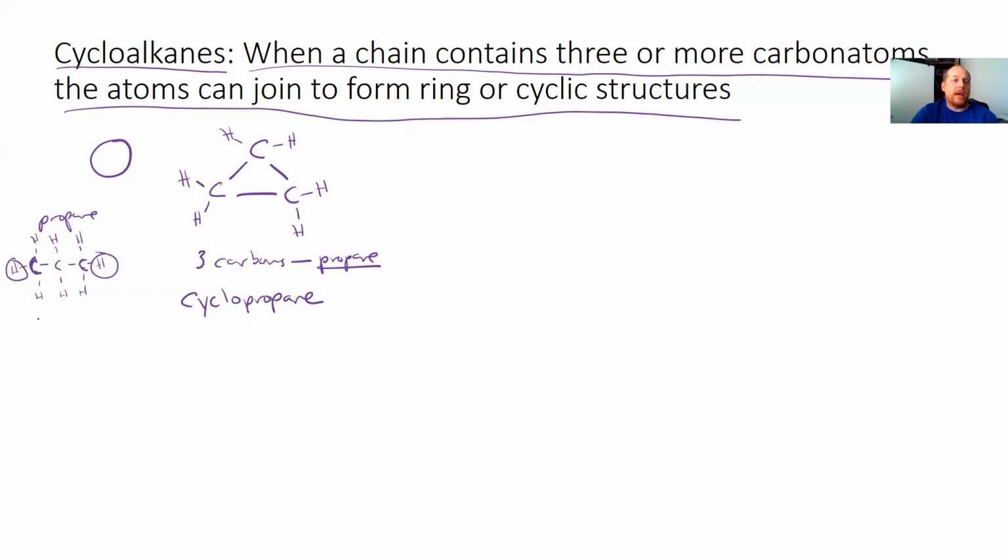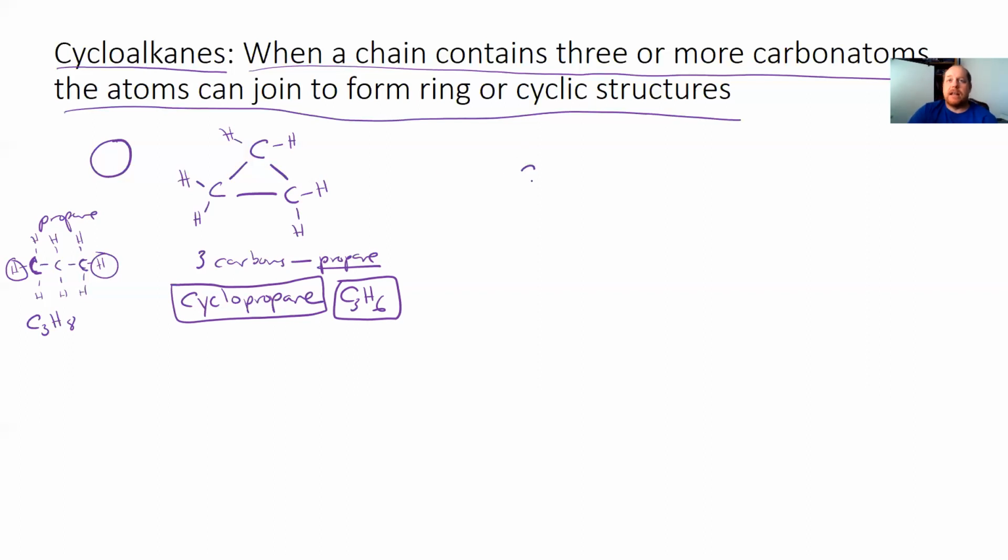So when you have propane, it's C3H8. When you have cyclopropane, it's C3H6 because you've essentially lost those 2 hydrogens where the carbons decided to stick to each other, the ones on the end.